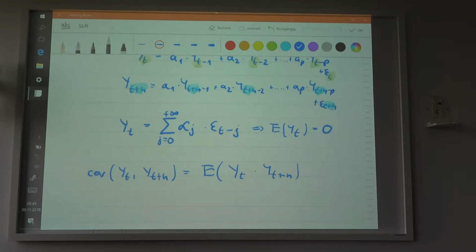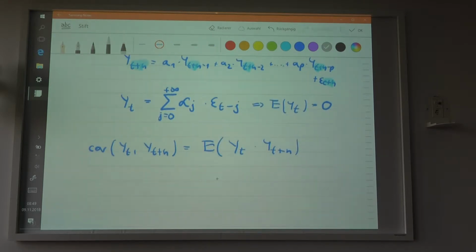So the covariance of two random variables is equal to the expectation of their products minus the product of the expectations. But if the expectations are both 0, which is the case here because the process is stationary and 0 doesn't depend on time, then the covariance becomes the expectation of the product of the two. That's going to be it.